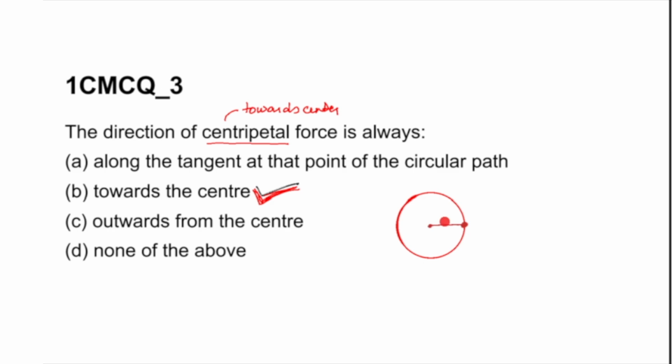The force which we are applying through this string is the centripetal force and will always be towards the center. That's why this force is responsible for this motion. So even in this case, let's say the stone has reached here, the direction of the centripetal force will be in this direction, always towards the center.